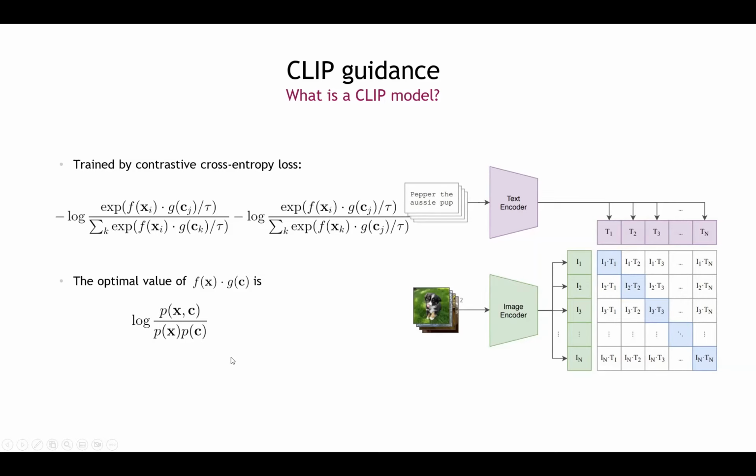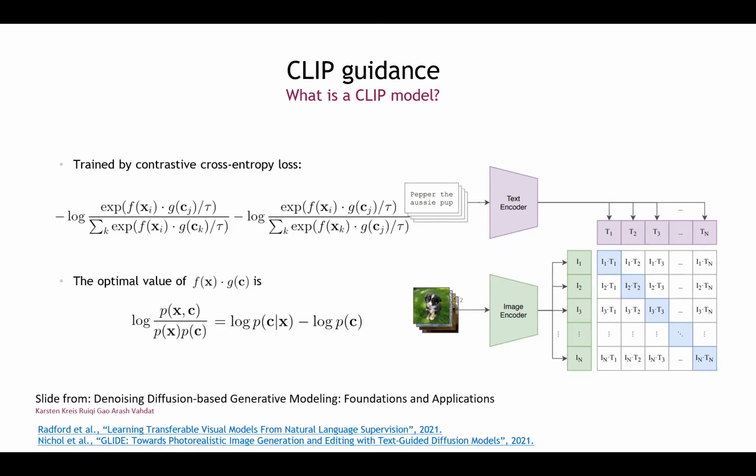We may have time to discuss that when we discuss the paper, but this is pretty interesting. So now you can write it down like this, and then you can do conditional image generation with CLIP guidance instead of classifier guidance, as we discussed earlier.